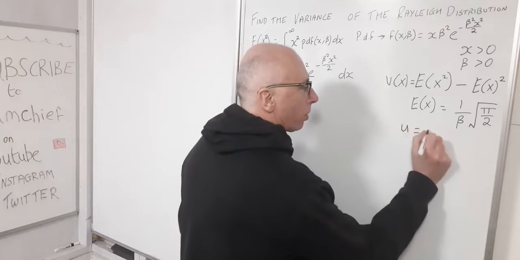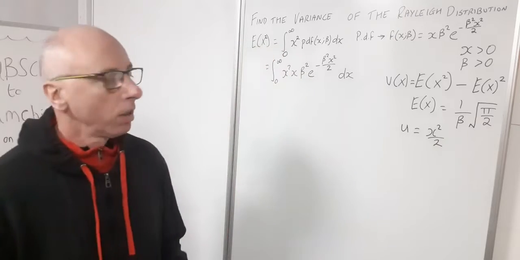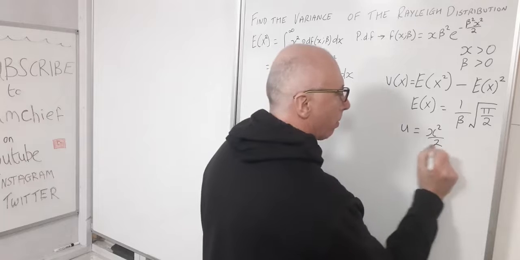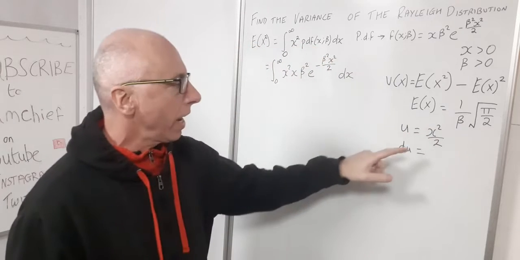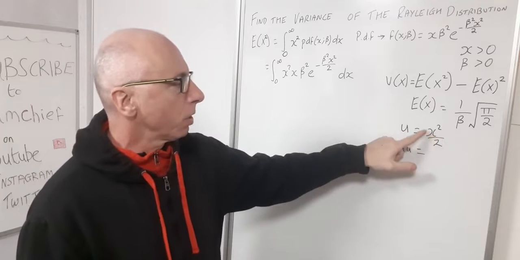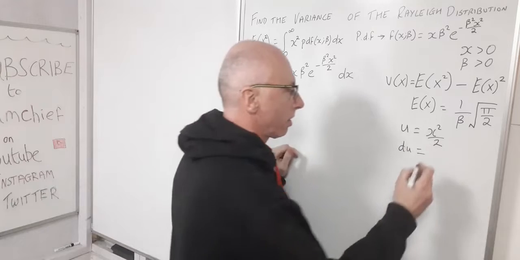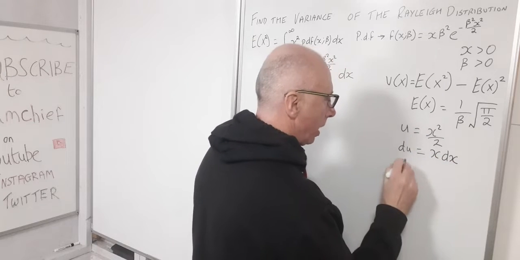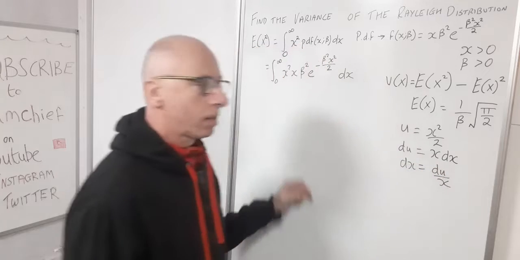So u equals x squared over 2, and as it's a u substitution I now need to find my derivative. So my du, the derivative of this with regards to x: x squared becomes 2x, 2x divided by 2, that's just going to leave me with x. So that leaves me with x dx, and then my dx is du over x.